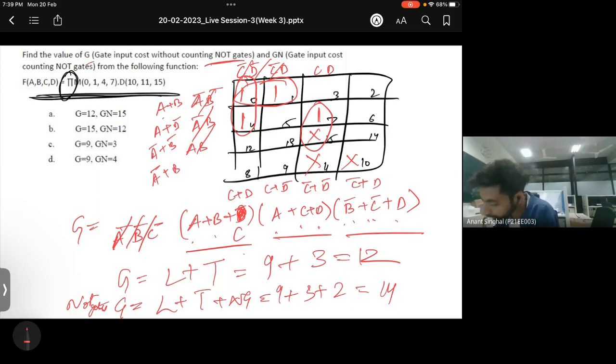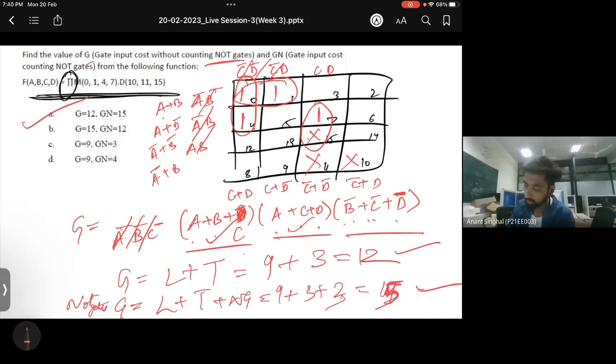This is A plus C plus D, this is fine. This is A plus B plus C, this is fine. And this is B bar plus C bar plus A bar. So this is 3. So 12 and 15, which is option A, is the answer to this question.